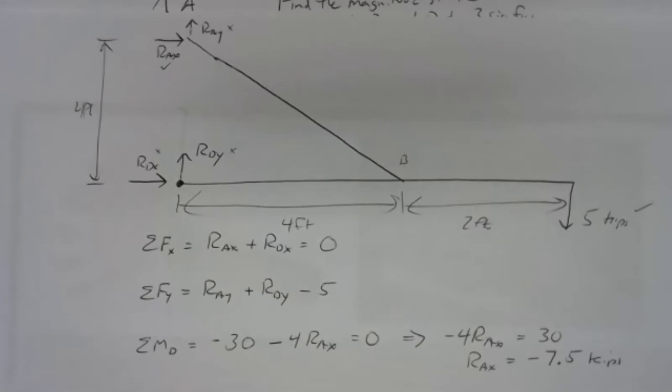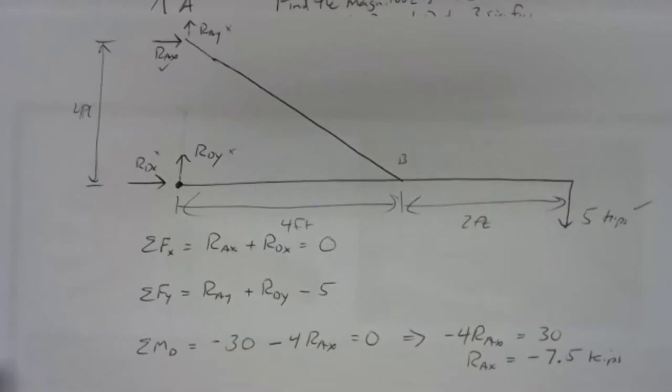And that kind of makes sense physically. We would expect if we're pulling down over here that this top portion is going to try to come away from the wall. So it makes sense that the reaction at that support should be in the opposite direction, should be toward the wall to hold this thing. If you had to reach out and grab onto that, you'd be pulling toward the wall, not away from it, to try to keep this thing in equilibrium.